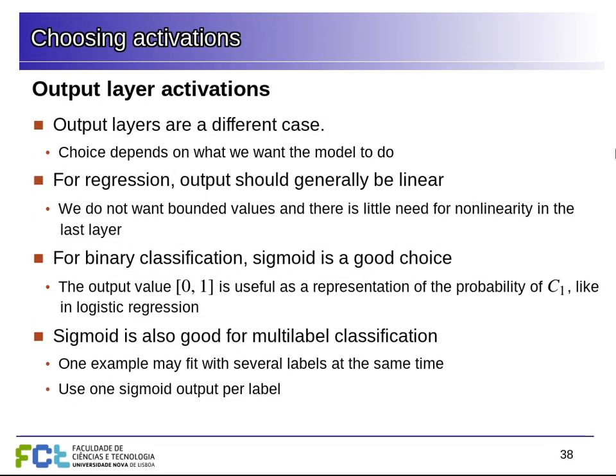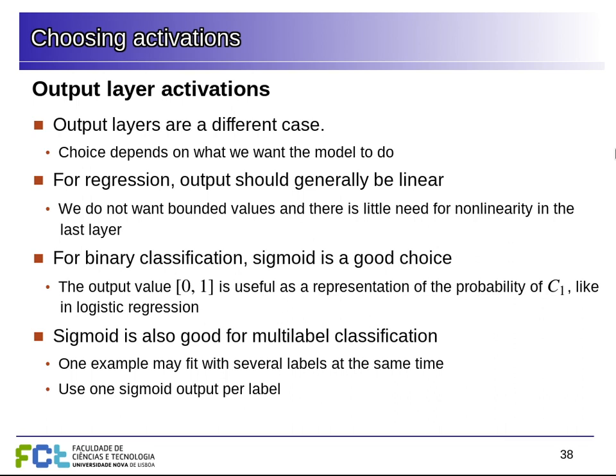But now it's different for the output layer, because the choice will depend on what you want to use your network for. So if you have a regression problem, generally at the output of the network, you don't want to constrain the values to some interval. If you use, for example, sigmoid activation, you can only have values between 0 and 1, which often for a regression problem is not useful.